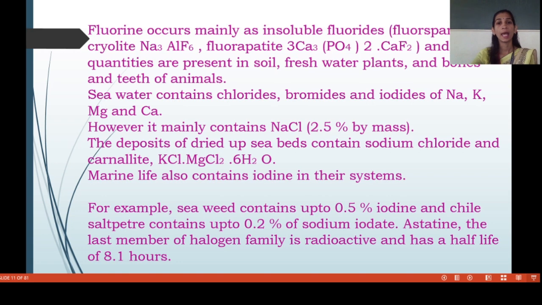Fluorine occurs mainly as insoluble fluorides. These fluorides are present in small quantities in the soil, as well as in fresh waters, plants, and the bones and teeth of animals.